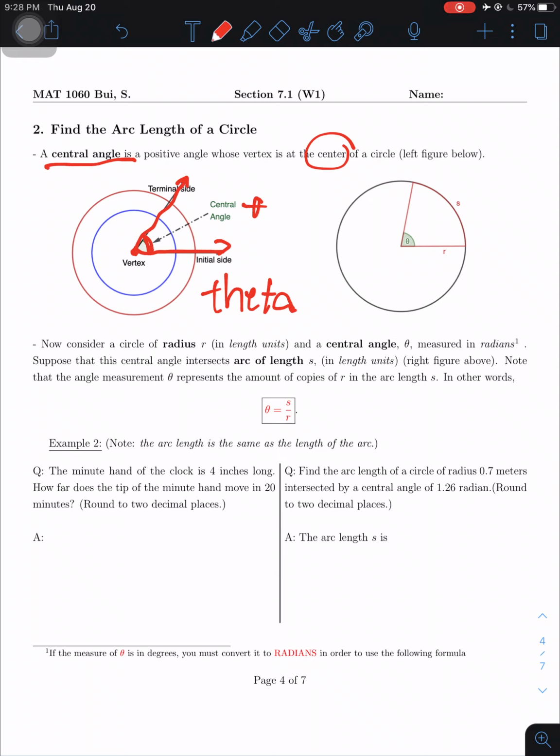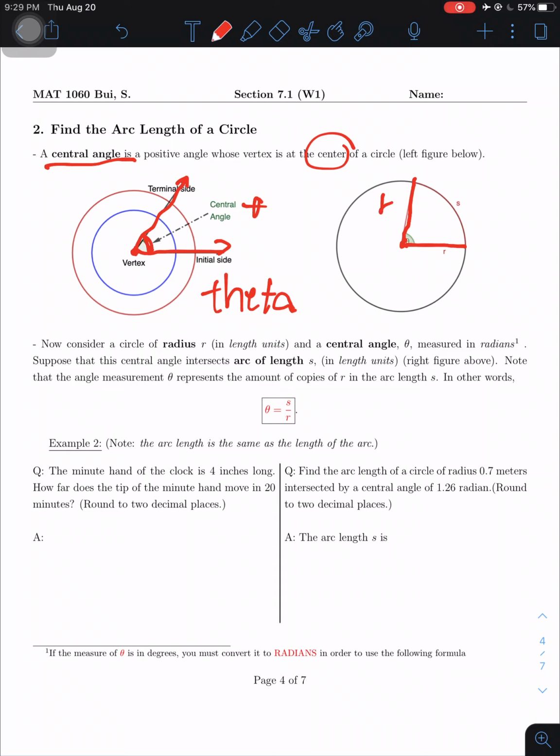Now let's consider a circle. The black circle on the right side has a radius. How can we draw a radius? We start from the center and draw a segment to a point on the circle, and we have the radius. This is also a radius.